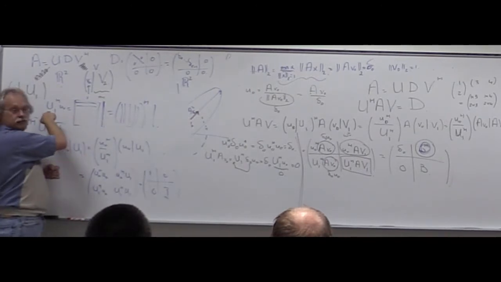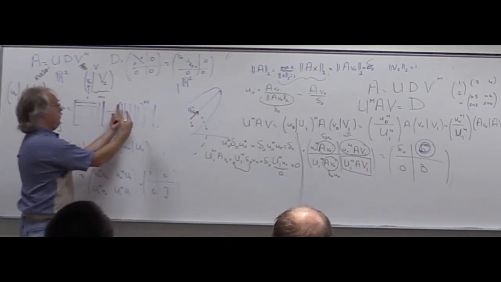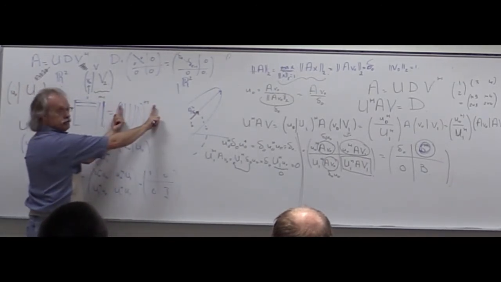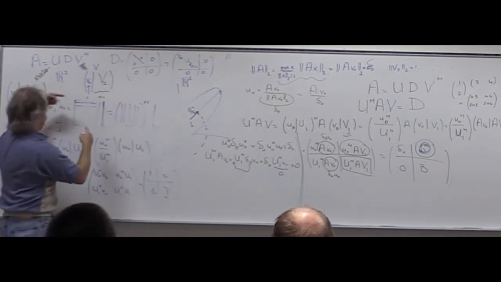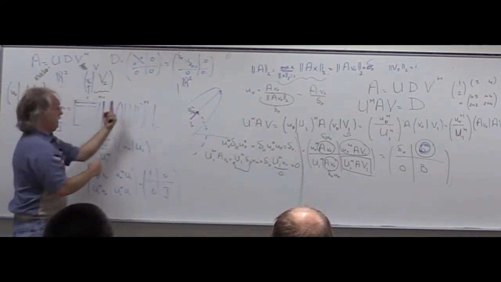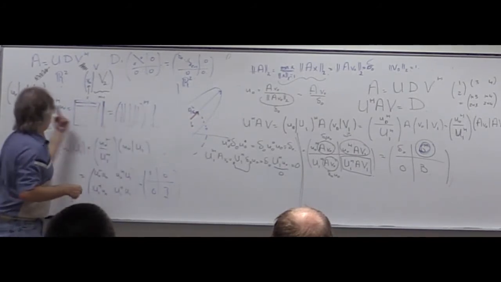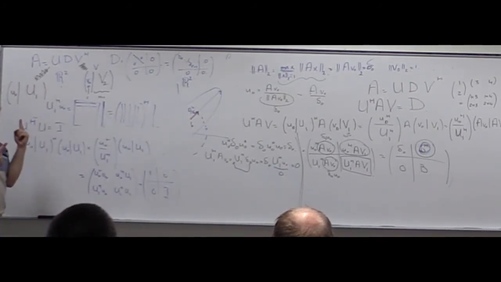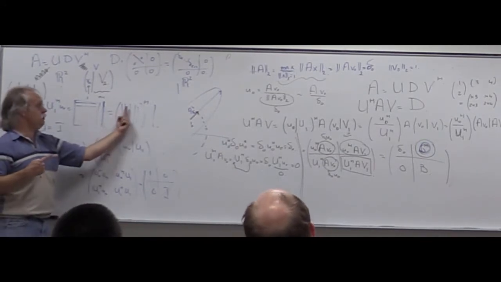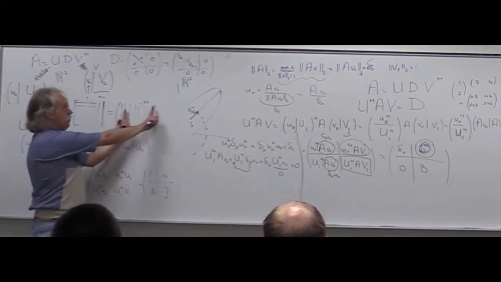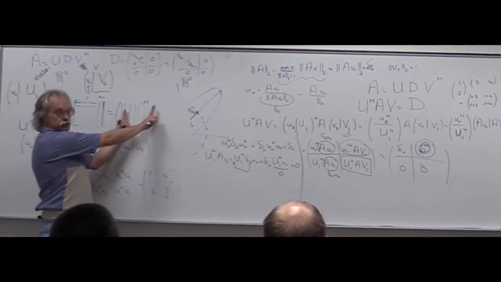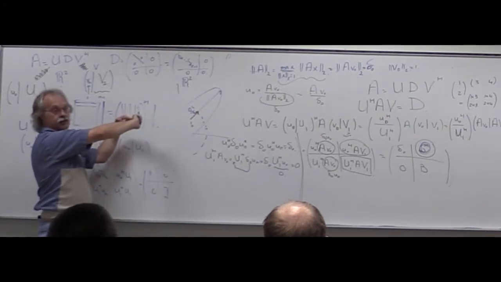Which means that this dot product with that must be 0, because this row is one of the columns of U1. All of the columns of U must be mutually orthonormal. So if you take any one column of U1, it must be orthogonal to this vector that's the first column. Therefore, its dot product must be 0. And that's another way of arguing.